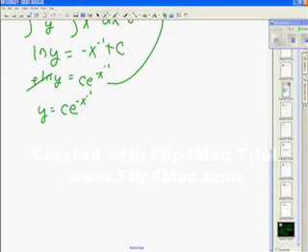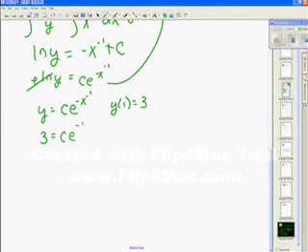Sorry. Okay, am I done? What do I do? Solve for c. What was my initial condition? Okay. So y is 3, and x is 1.